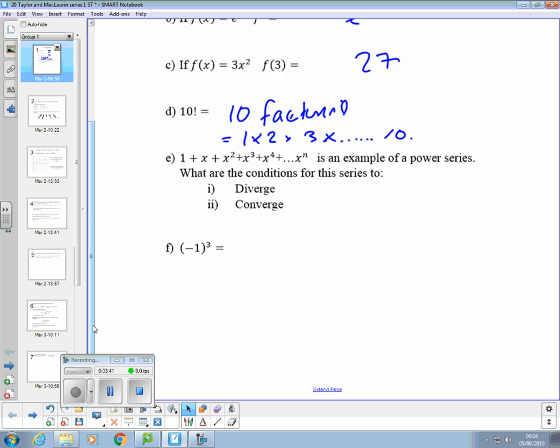What is the result of -1 to the power 3? Now do -1 to the power 3 without the brackets on your calculator.